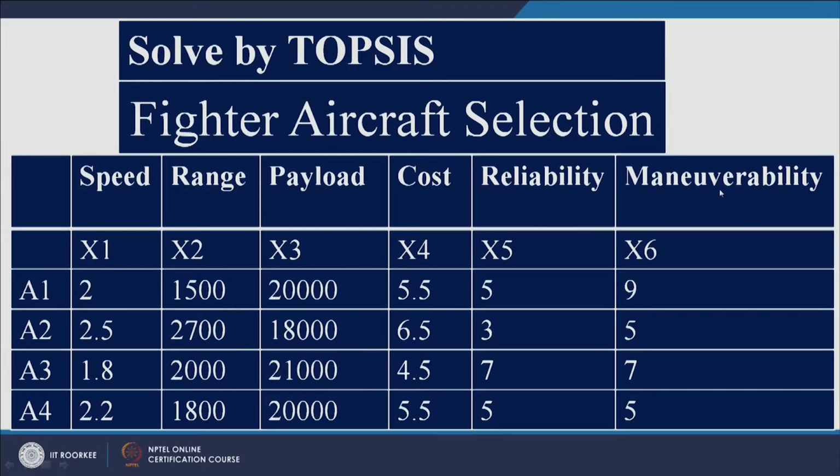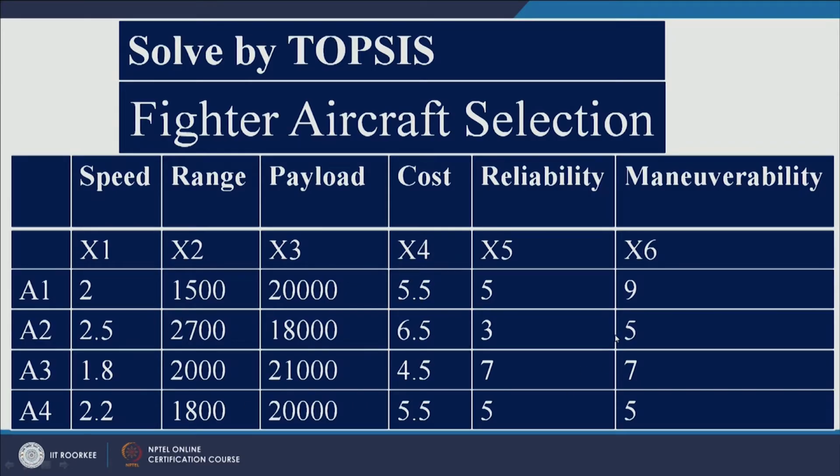And how many men would be there, that is the men-carrying capacity of the aircraft. Let us say this aircraft can carry 9 people and so on. Similarly you have got other values in this matrix.